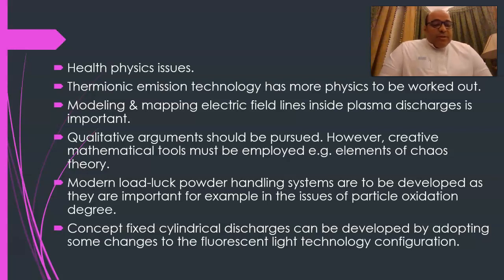Elements of chaos theory, such as logistic curves and maps and fractals, have room to be employed in such discharges and to reinterpret the data that people arrived at empirically before, and then we can advance this field of knowledge. Thermionic emission is as important as, if not more important than, the photoelectric effect. So this has to be taken into account.